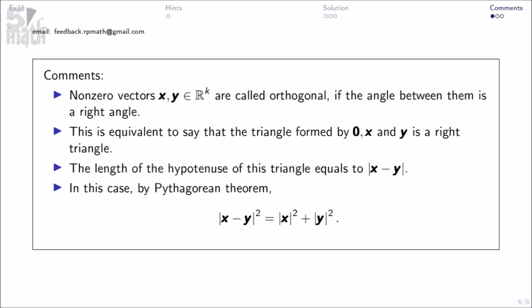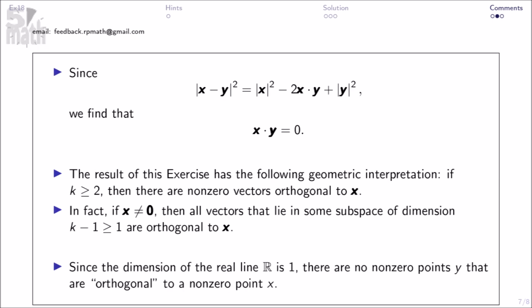In this case, by Pythagorean theorem, absolute value x minus y squared equals absolute value x squared plus absolute value y squared. Since absolute value x minus y squared equals absolute value x squared minus 2 times x dot product y plus absolute value y squared, we find that x dot product y equals 0.